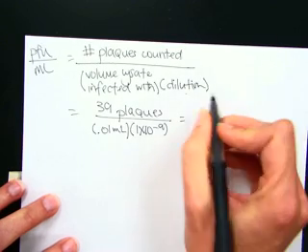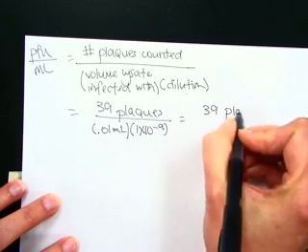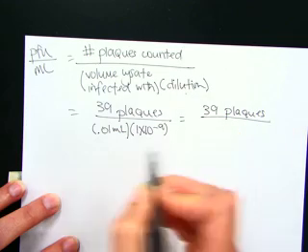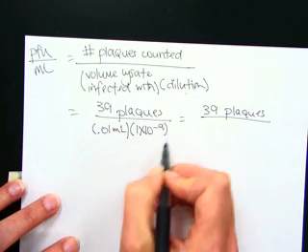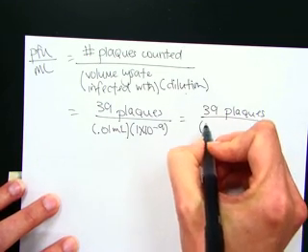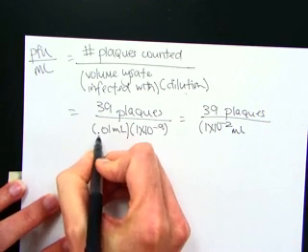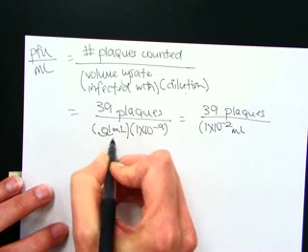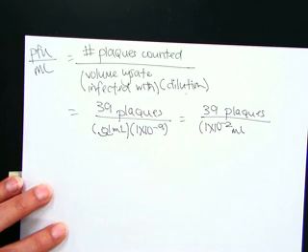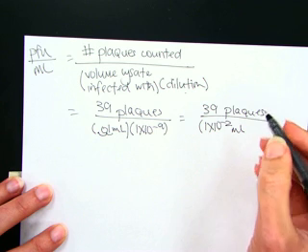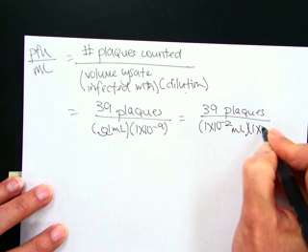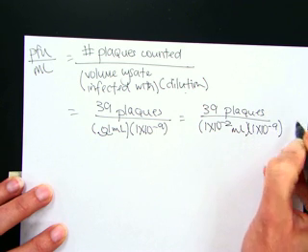Okay, so the first thing that we're going to do is rewrite our volume down here so that it has an exponent. So this would be 1 times 10 to the minus 2 milliliters, because we have to move the decimal point 2 places to the right to put this 1 into the 1's place. So 1 times 10 to the minus 2, and then we still have our dilution here, which is 1 times 10 to the minus 9.